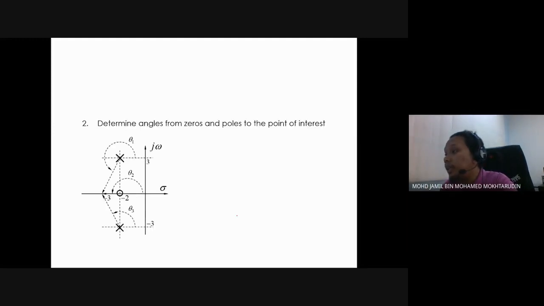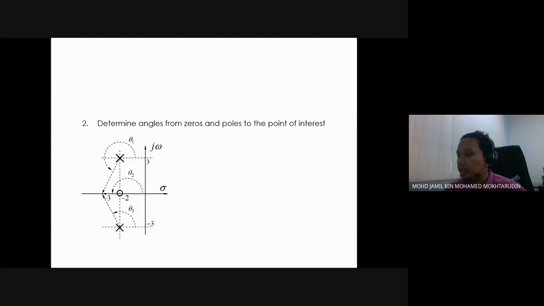The next step is to find the angle from the zero and poles to the point of interest. First you draw lines that connect the poles and zero to the point of interest. So there are 3 lines: this is the first, second, and third. Then you find the angle from the zero and poles.